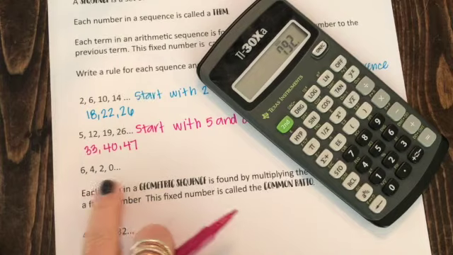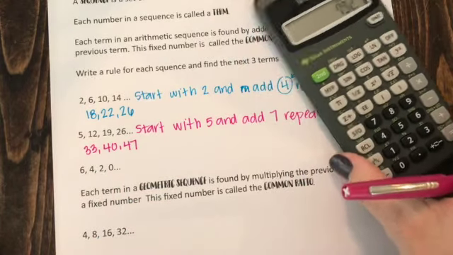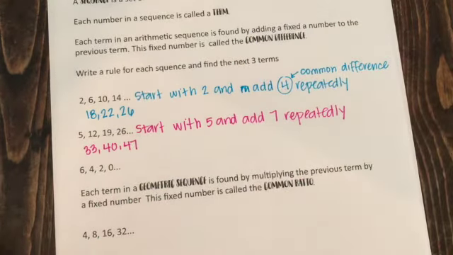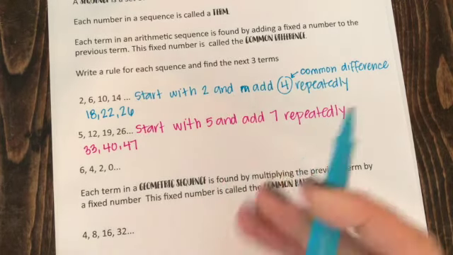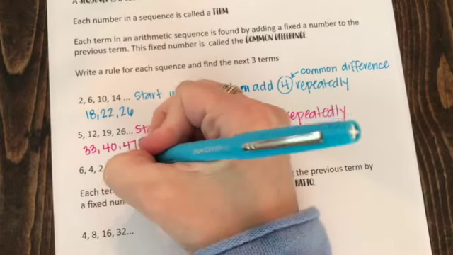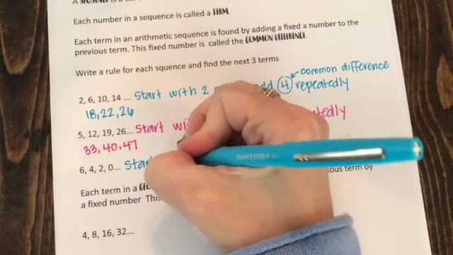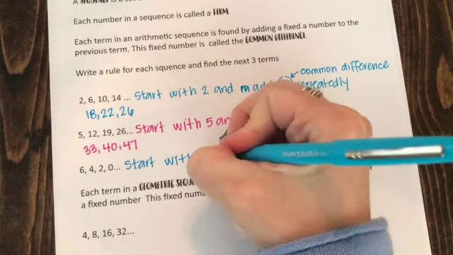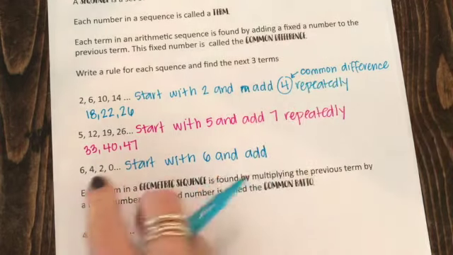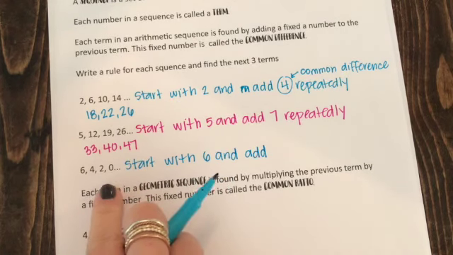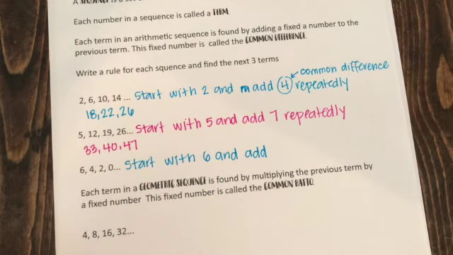Okay, and then on this next one, 6, 4, 2, 0. You're like, what is happening? Because instead of going up, it's going down. Okay, but it always has to say add. So if you are going down, we're gonna say start with 6 and add. How can we use subtract? Instead of using subtraction, how can we write that?